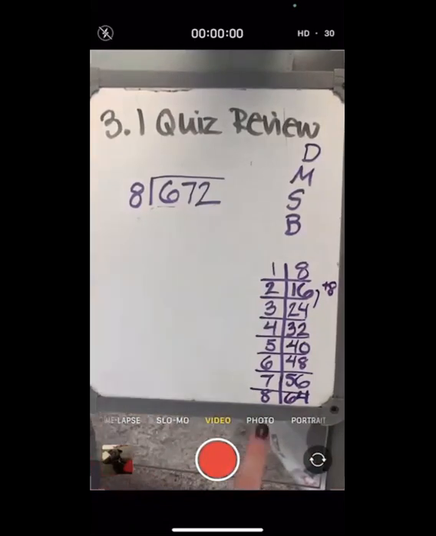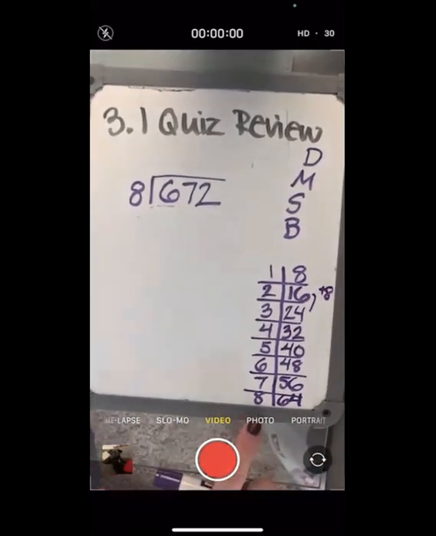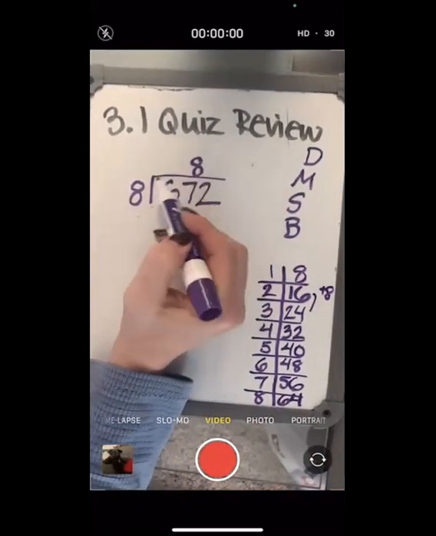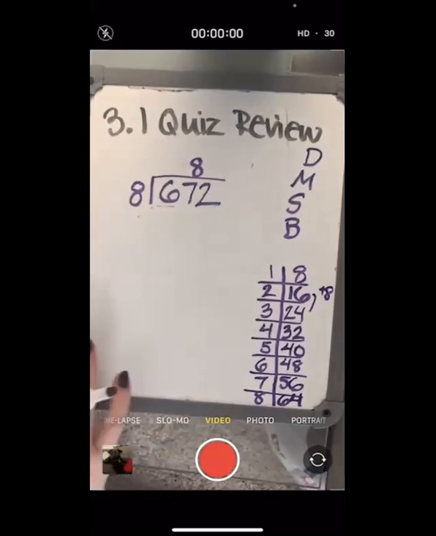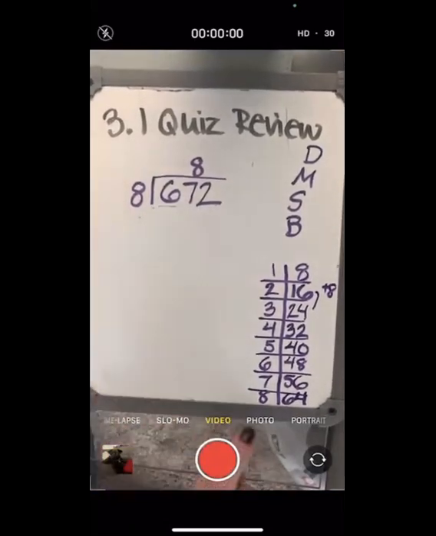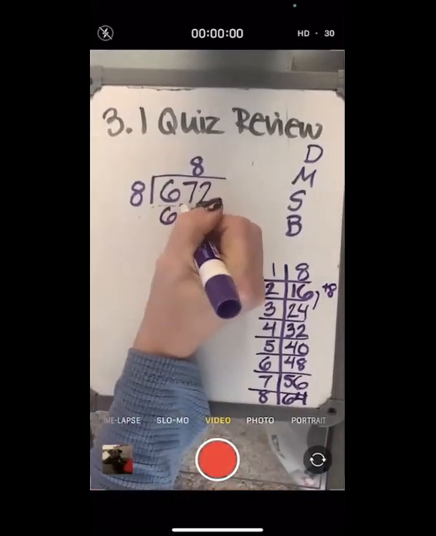All right, so PJ, how many times does 8 go into 67? 8 times. And now I have to multiply. 8 times 8 is 64.